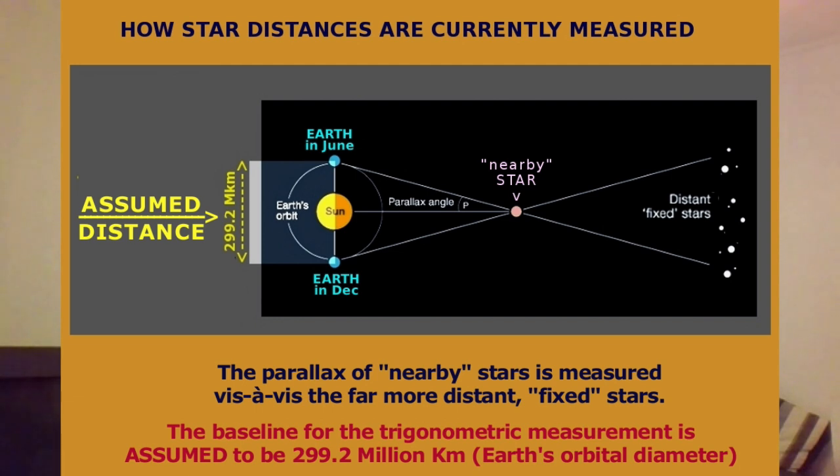The thing is that if you instead assume the motion that is suggested in Tychos, then instead of this baseline of 300 million kilometers, you will have a baseline of about 7,000 kilometers, extremely much smaller.